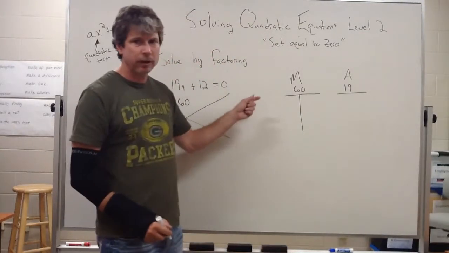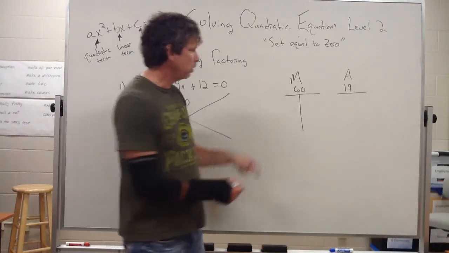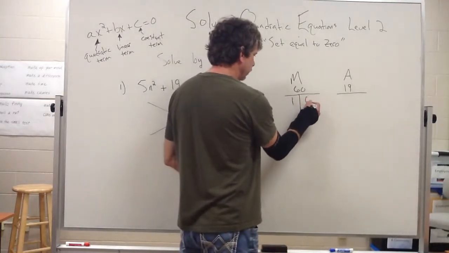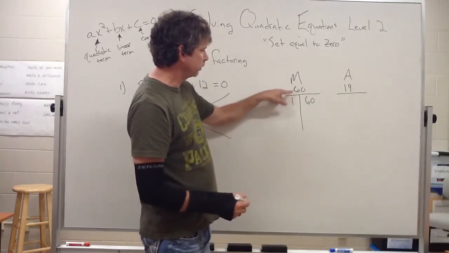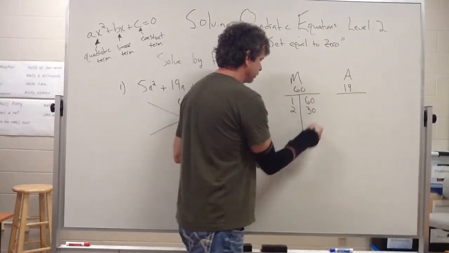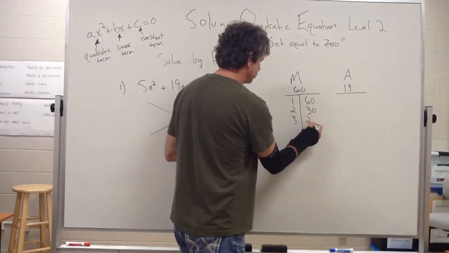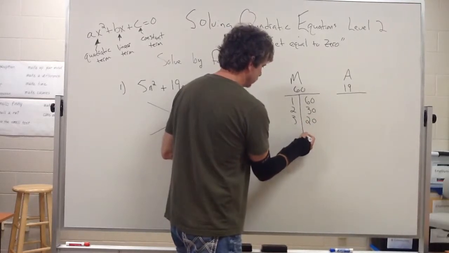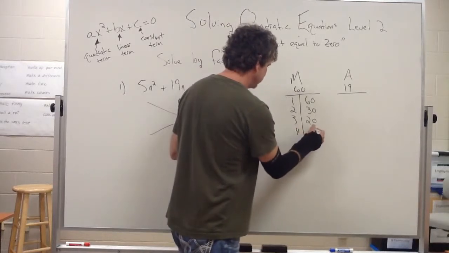Now our next move is to try to figure out what are our factors of 60. Well, we know 1 times 60 is 60. That's always our starting point. And we just proceed on down. 2 does go into 60, so we use 2 times 30. 3 goes into 60, that's 3 times 20. 4 goes into 60, I believe 4 times 15.